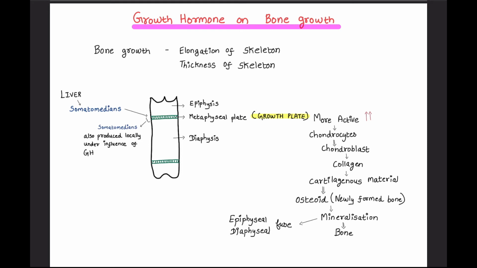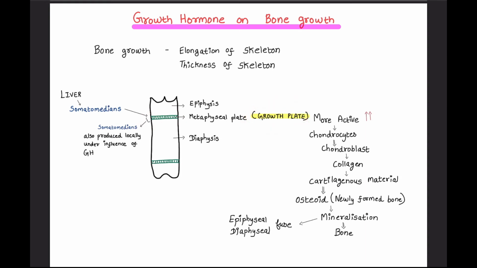Here you have the epiphysis and diaphysis, and here you have the growth plate known as the metaphyseal plate. From the liver, growth hormone acts indirectly through somatomedins, and when these somatomedins act on this growth plate, some somatomedins are also produced locally under the influence of the growth hormone here, since it is a growth plate.